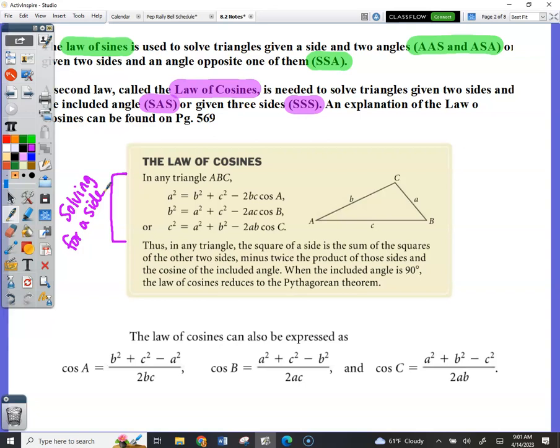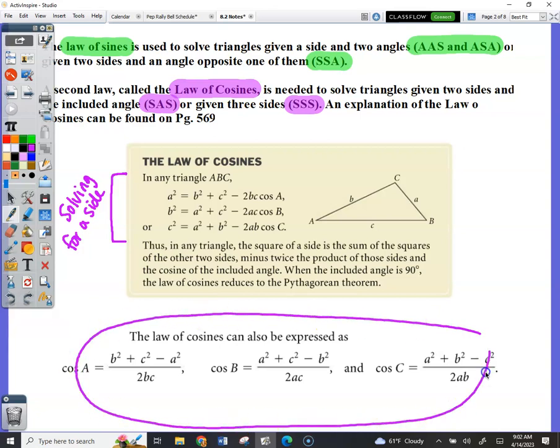There will be a couple of problems where you have to use law of cosines to solve for a missing angle. And I would not recommend trying to go from this formula up here, because then it's going to be a mess. So I have already rearranged it, shifted everything using inverse operations, and solved all three of them for the missing angle for you.